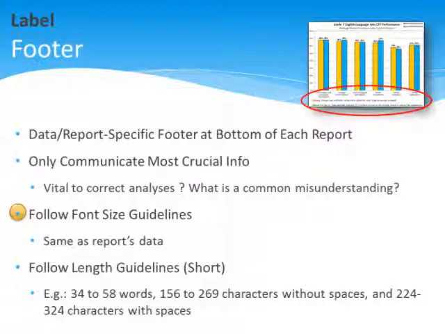Since users who are analyzing the data incorrectly often don't know they're analyzing it incorrectly, the footer shouldn't be easy to overlook, so it should match the font of the rest of the report, for example, the same size. It should also follow length guidelines and aim for brevity, or else it won't be read. Good guidelines are 224 to 324 characters with spaces, or 1 to 3 lines of text.